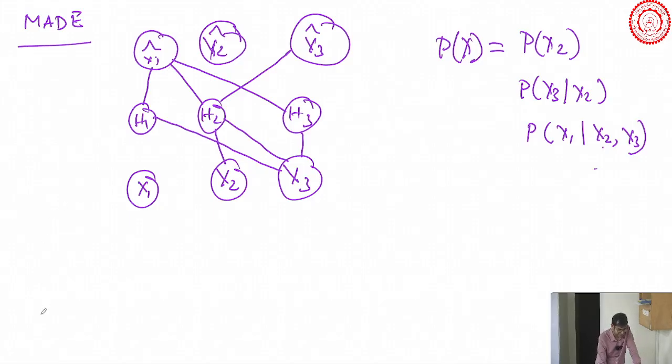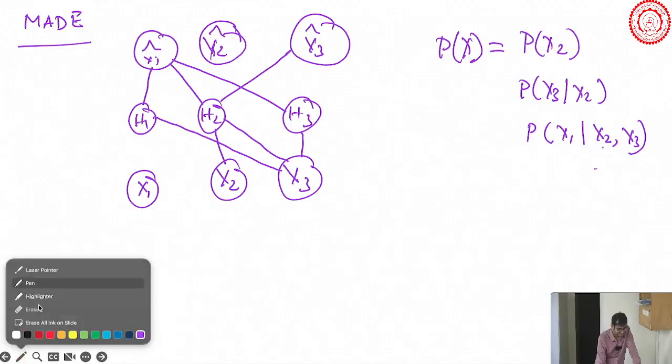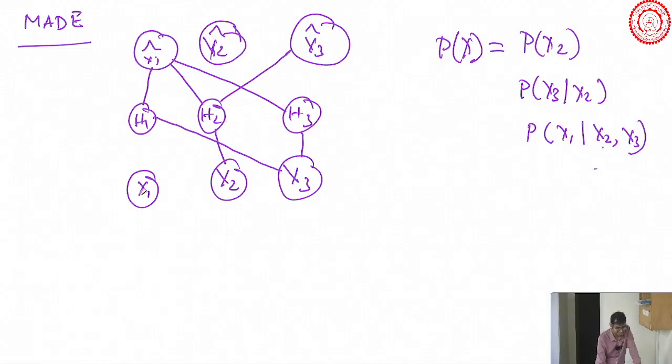This would not be connected. This one is wrong. Right? So now x3 hat is only a function of x2 and x1 is a function of 2 and 3. And whatever edges you are seeing not there, that are masked, that means those weights are put as 0. Clear? So this is MADE.